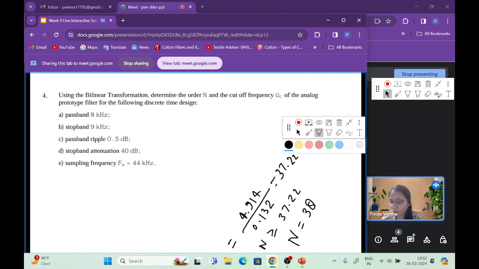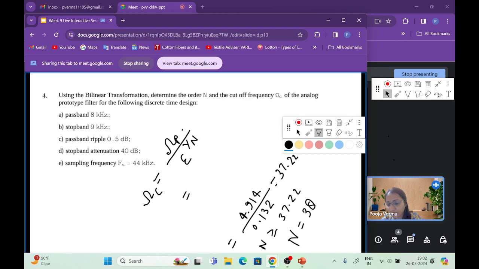Okay, how can we get the cutoff frequency? The equation for determining the cutoff frequency, which is represented by omega c, is omega c is equal to omega p divided by epsilon to the power 1 by n.